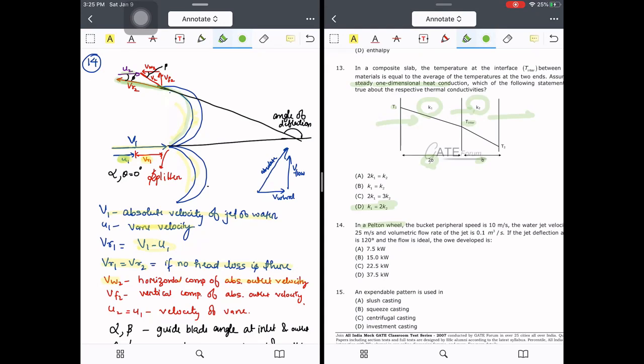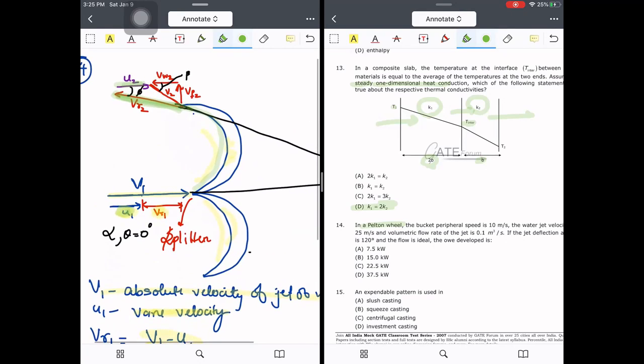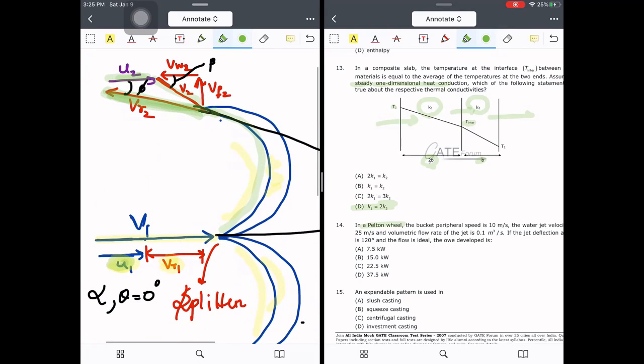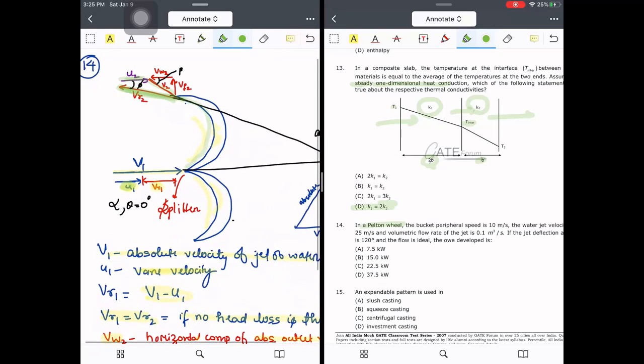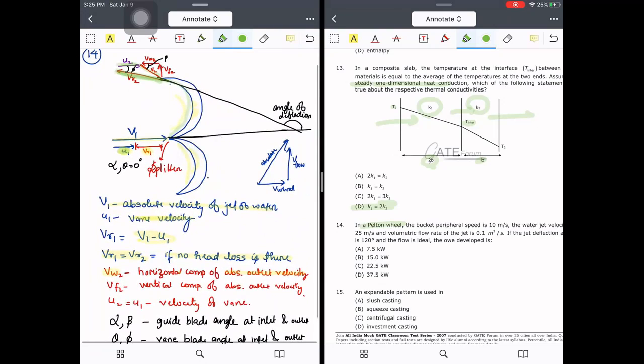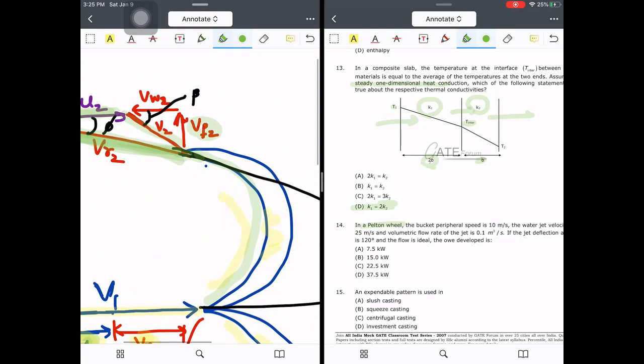Correspondingly we can find the value of V2, because of the vector addition or subtraction. We know that the VR2 direction is here, the U2 direction is already here, and from here we can find the V2 direction. V2 means the absolute velocity of the jet at the outlet.